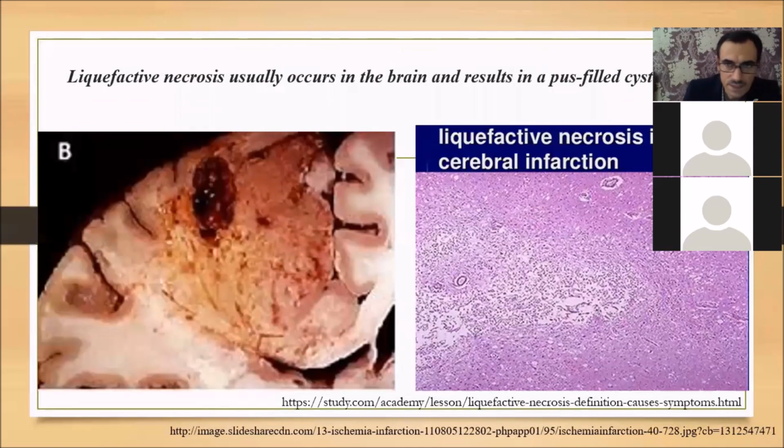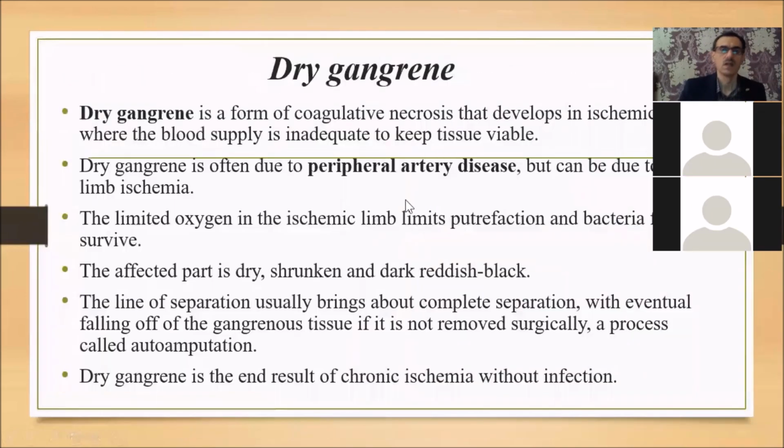In wet necrosis, no organization appears, no development of scar tissue, and it becomes a pus-filled cyst. Here you see the brain infarction, the necrosis of the brain tissue, the gross description, and here the histological description.